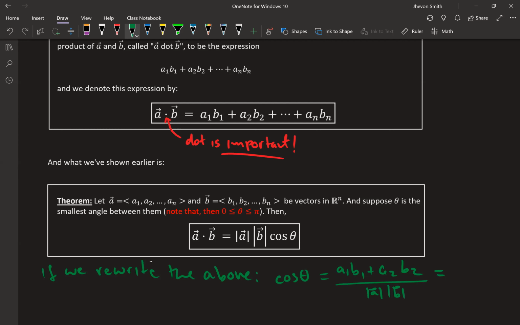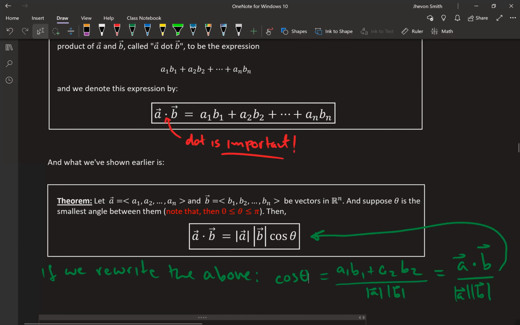You could actually rewrite this as a dot b over the magnitude of a, magnitude of b. And so that actually leads us to this equation here. Now that we know what the dot product is, it's a very important expression.